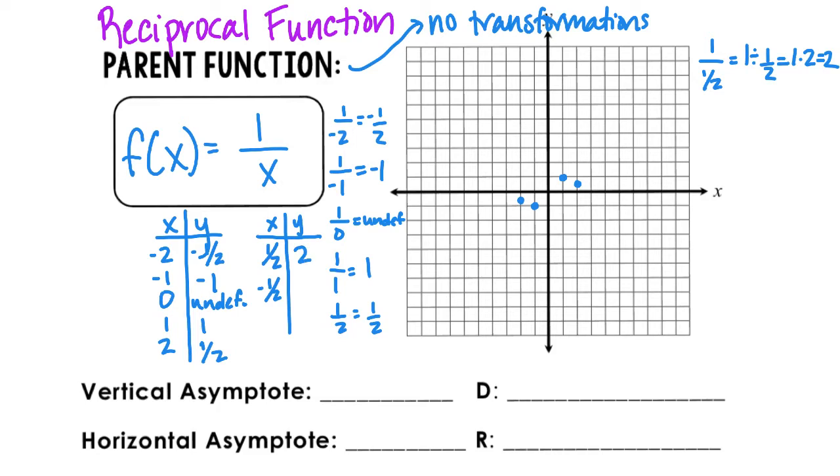And the same thing would work with -1/2. 1 over -1/2 is 1 divided by -1/2, which is 1 times -2, which is -2. So we can graph those points, 1/2, 2, and -1/2, -2. And we can start to see a little bit of a shape here.